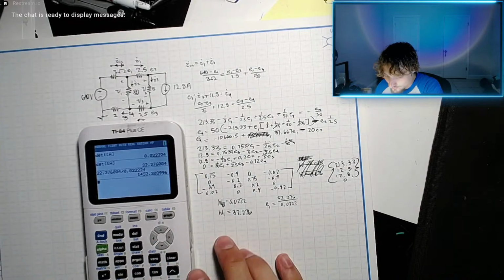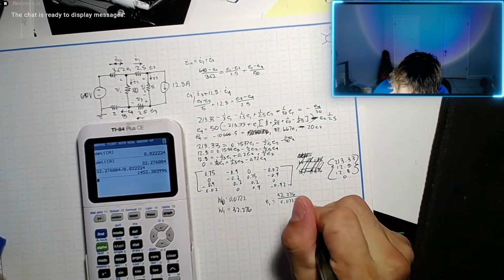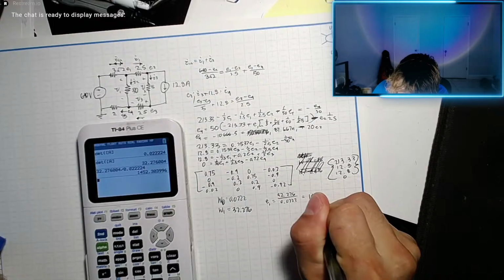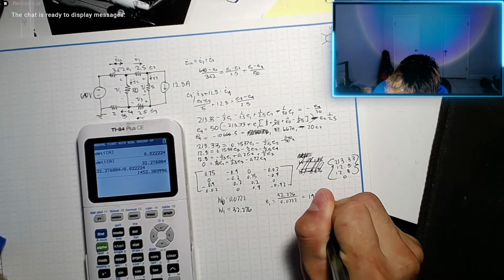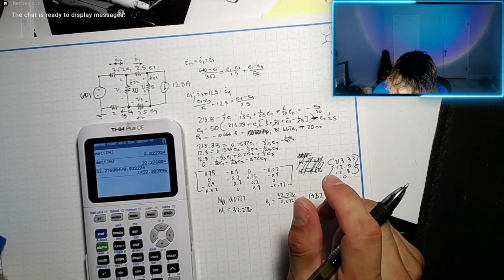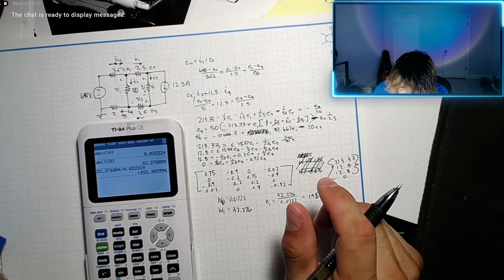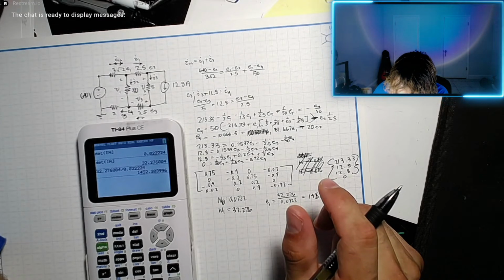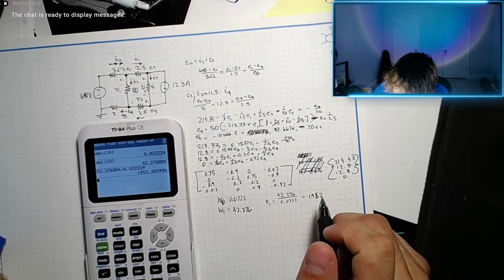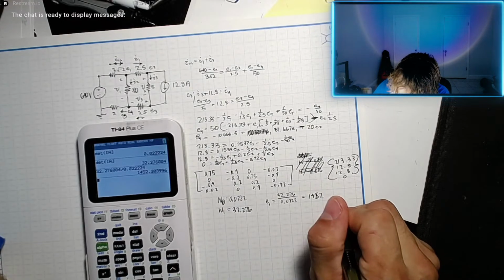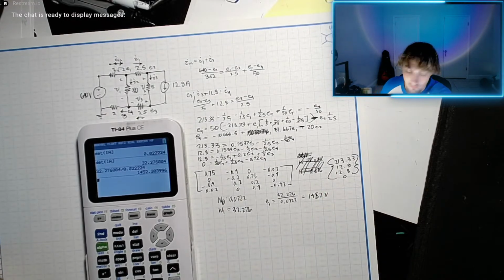I guess maybe that's true. Let's see. I don't think that's right. 14.52. E1, 14.52 volts. I don't think that's right.